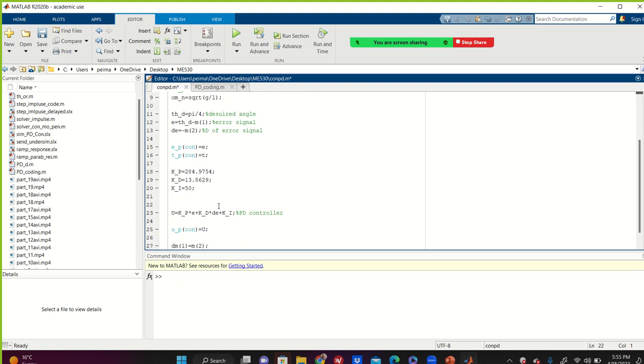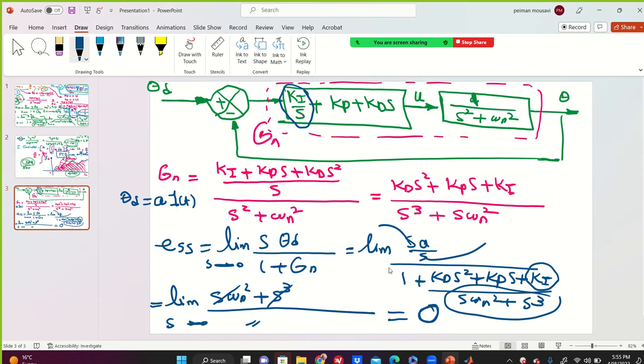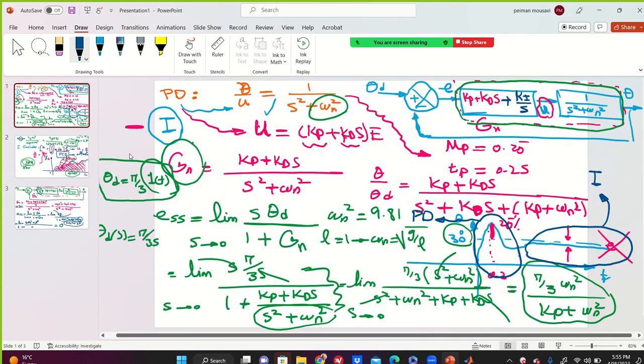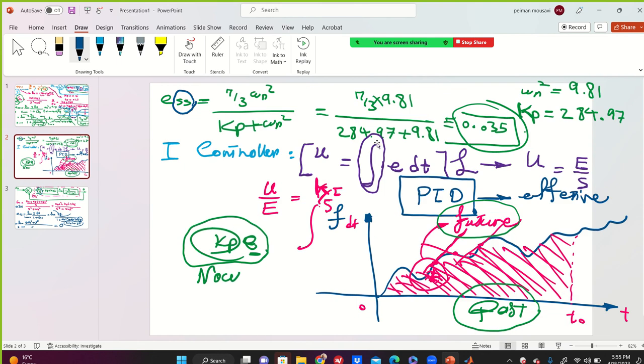Okay, guys, I taught you, if you look at here, in time domain, what is that? It is integration of e dt. Integration means sum under the area, or sigma. That's right. Sum of this area under the curve.